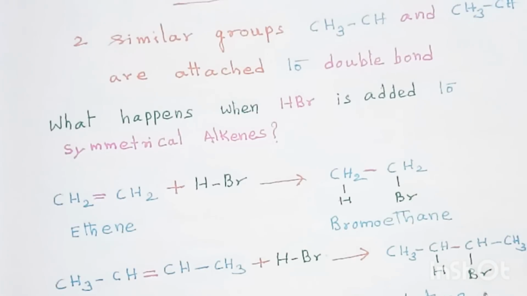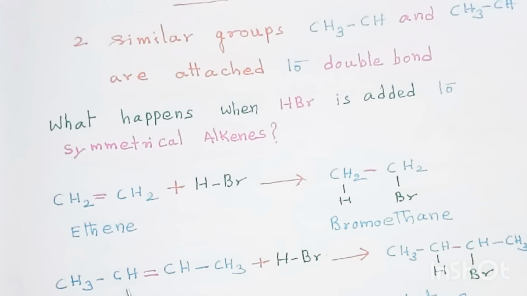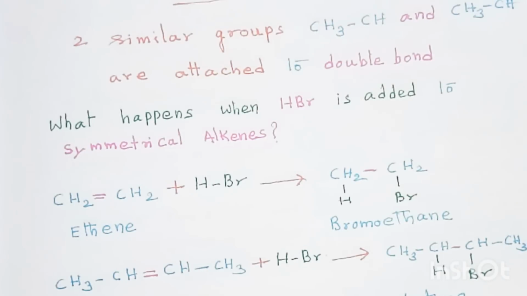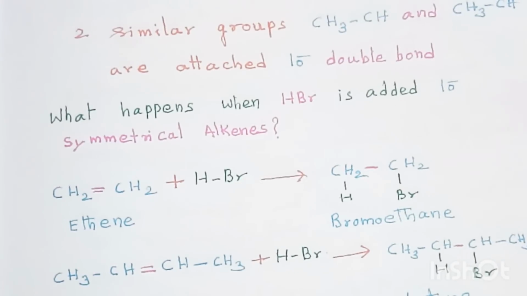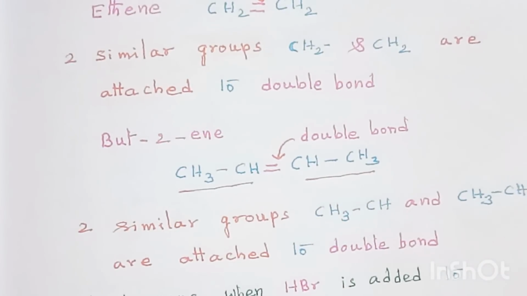So bromobutane is formed. Or if the hydrogen gets attached here, bromine gets attached here. Either way it will be bromobutane only. There is no change. So when symmetrical alkenes are treated with HBr, we get only one product.